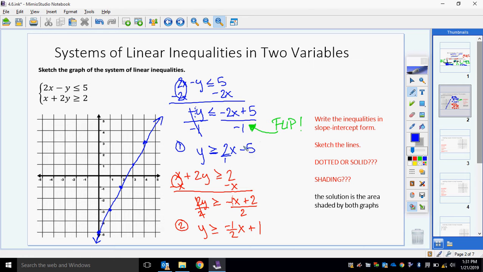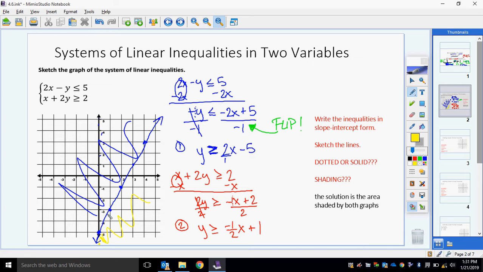And then I want to decide the shading. Okay, so it says y is greater than this line. So which side of the line are the y's greater? Well, on this side of the line, I have y's such as 1, 2, 3, 4, 5, and on up. If I were to shade on the bottom side of the line, and remember this line goes on forever, I'd be getting numbers down here like negative 10, negative 20, negative 15, negative 6.